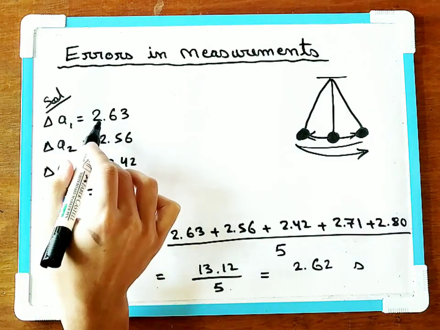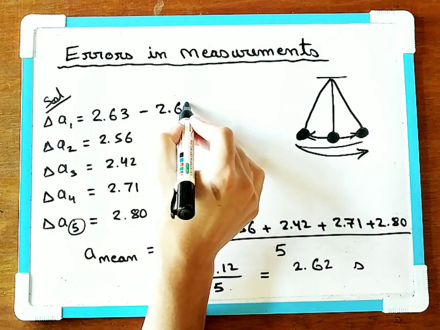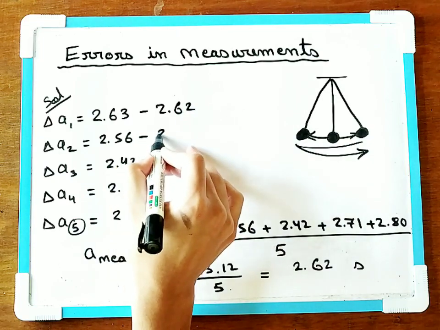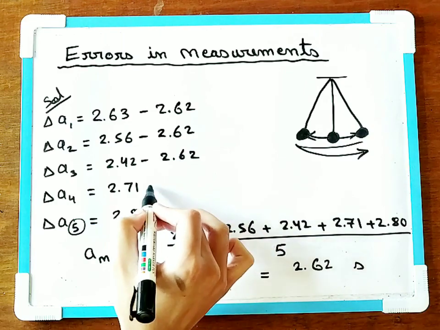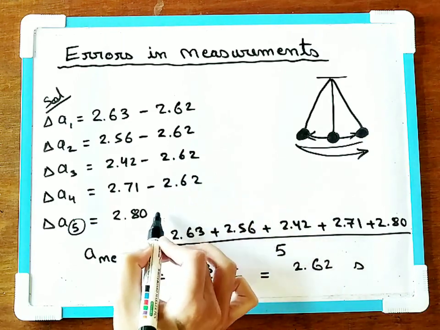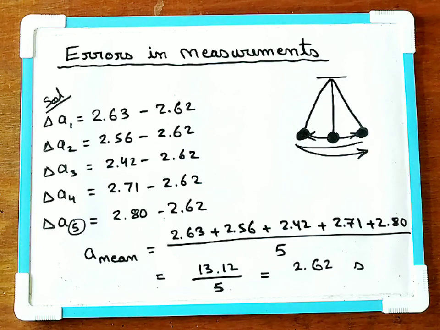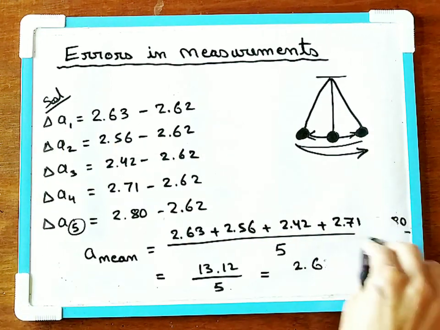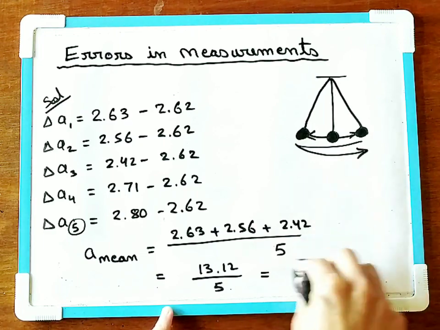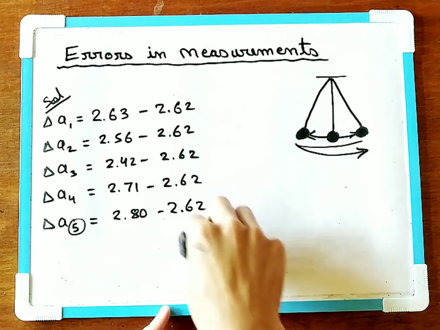Delta A1 will be 2.63 minus 2.62, minus 2.62, minus 2.62, minus 2.62. That is the difference. So upon taking all the differences, we've done this step. We've got the true value.